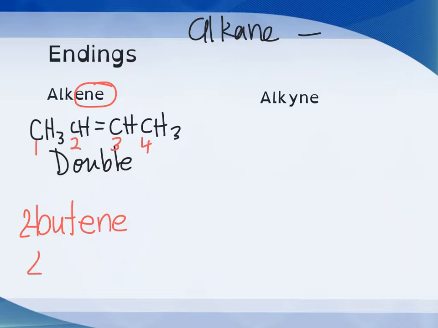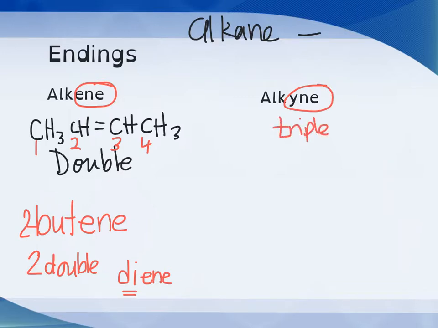If you have 2 doubles, you're going to use a prefix. So in that case, you would have diene at your ending. It'd be butadiene, and you would have 2 numbers indicating where those 2 double bonds are. The other ending that you can have is a YNE, and this is a triple bond.